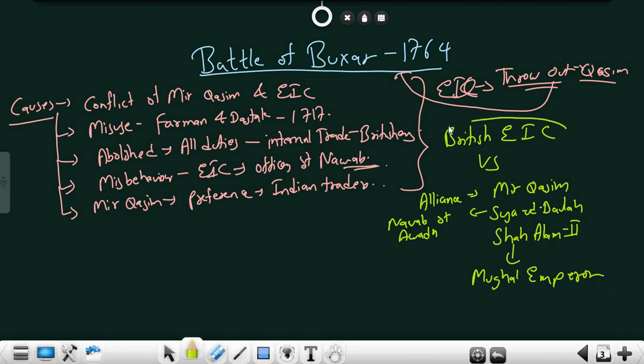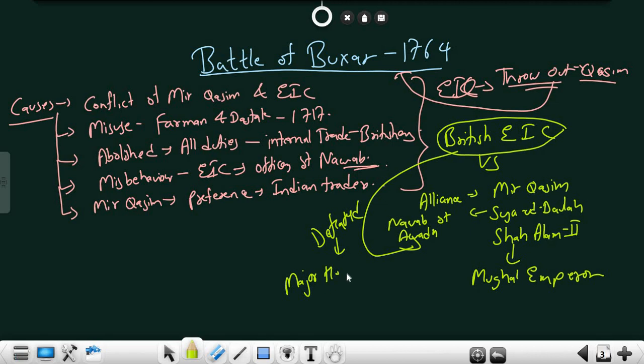And in this battle, the British East India Company defeated this combined force under the leadership of Major Hector Munro. He was leading the British army that time.